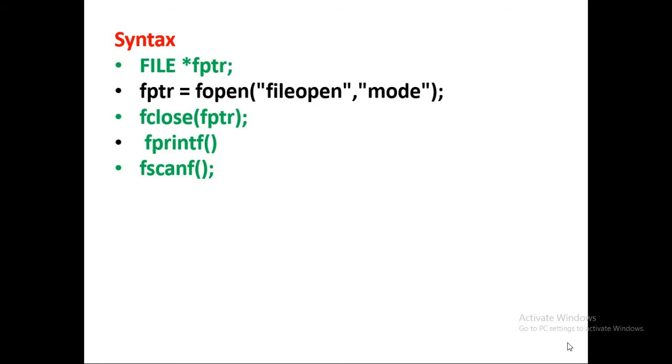The file open means where the file is stored. File open is nothing but a drive. For example, if you are using a file in the D drive, you have to specify this D drive. Suppose you are going to read a file from the E drive, you have to specify this E drive, right? From the source is called file open.